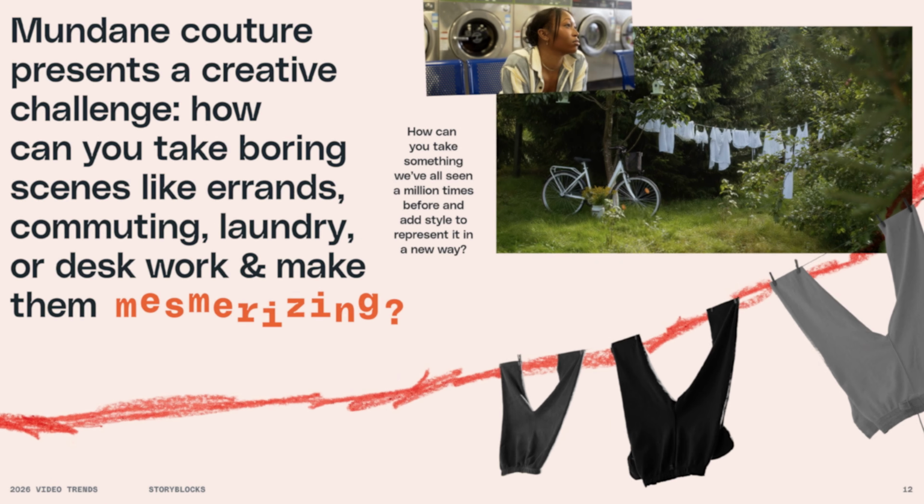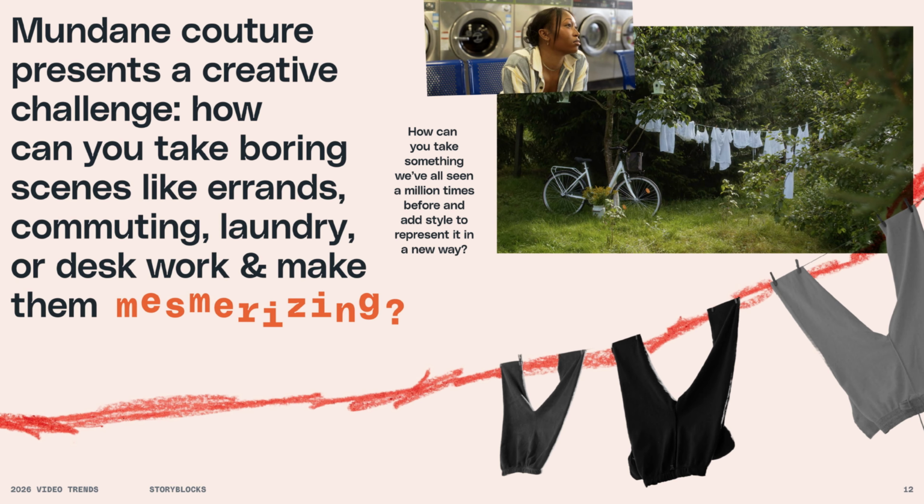So it really goes with that idea of mundane couture, where it feels pretty subtle, banal, but there's also a little bit of visual interest through just the staggered type. So we see like in this one and then also in frames moving forward.